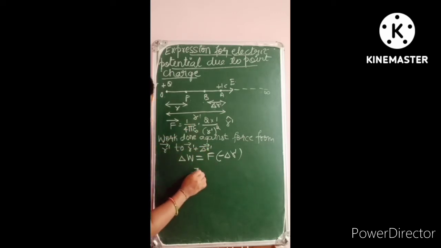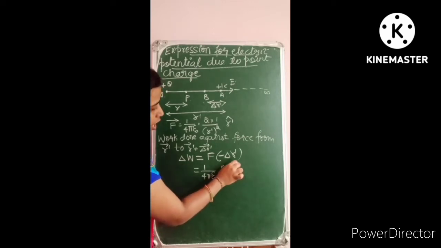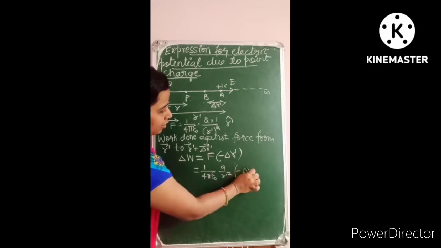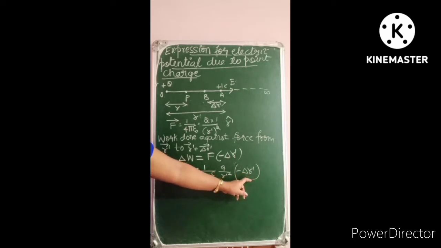So delta W will be equal to 1 divided by 4 pi epsilon naught into Q divided by R dash square into R dash cap, the unit vector, into minus delta R dash, right? So delta W is equal to 1 by 4 pi epsilon naught Q by R dash square into minus delta R dash.